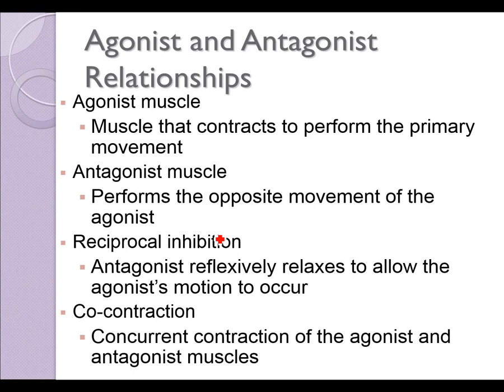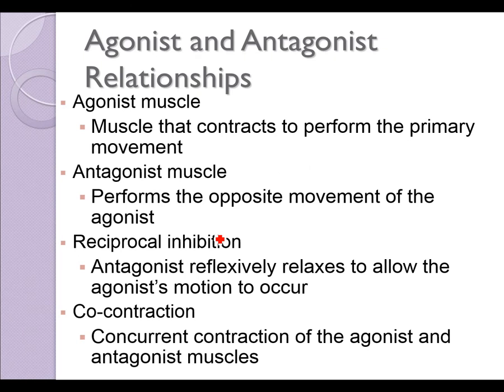So basically it's saying if we want to do elbow flexion, and we want the biceps brachii and the brachialis to do elbow flexion, the triceps have to relax. So the nerve systems are actually set up: if I'm going to do elbow flexion, that means my flexion muscles are going to contract and my triceps extension muscles have to relax. In order for motion to occur, one side's got to work, one side doesn't.